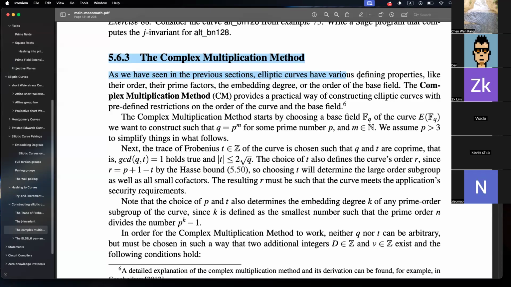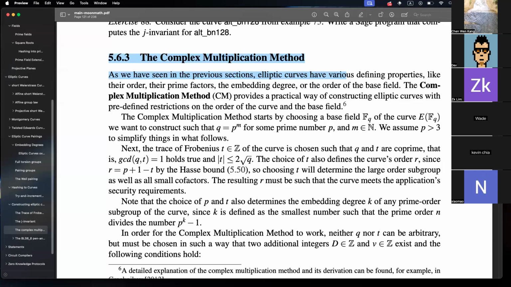A very interesting curve is the Pasta curve, which is used by, I believe, Mina. Yeah, I believe it's Mina. No, it's not Mina, is it? I don't quite remember. But essentially, the Pasta curves, Pallas and Vesta, something Vesta.